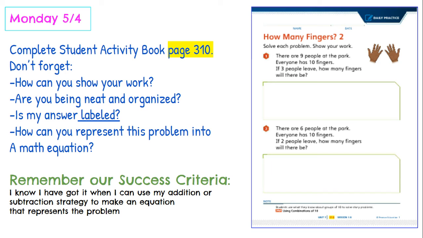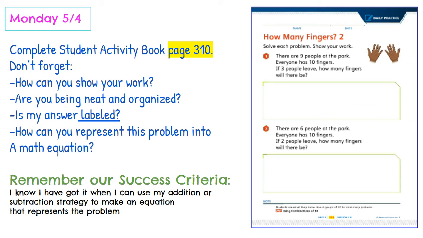And how can you represent this problem into a math equation? Remember our success criteria. I know I've got it when I can use my addition or subtraction strategy to make an equation that represents the problem.